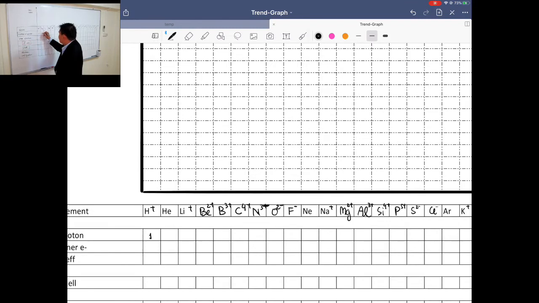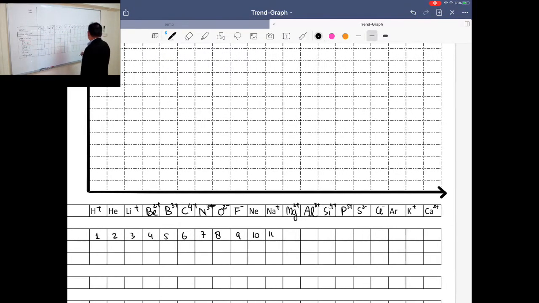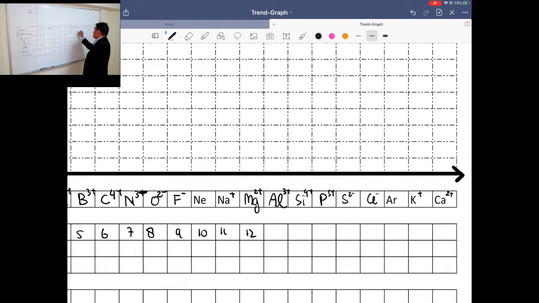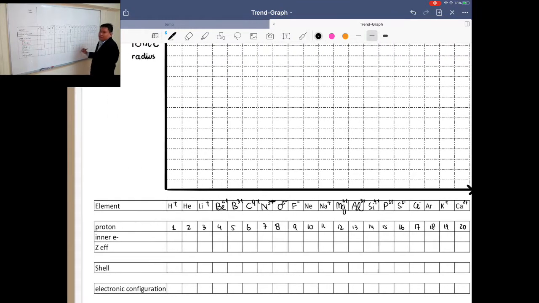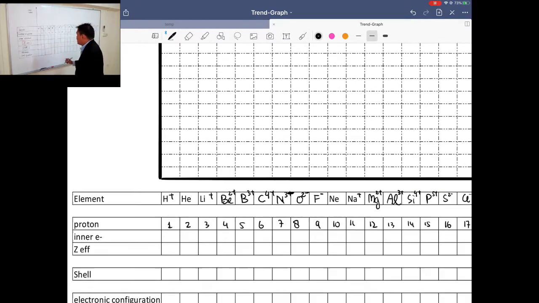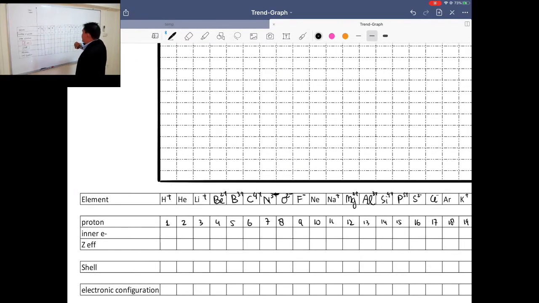So it's start from 1, 2, 3, 4, 5, 6, 7, 8, 9, 10, 11, 12, 13, 14, 15, 16, 17, 18, 19, 20. So the ions that we are going to put into the graph is from H+ all the way until Ca2+. So the proton number is from 1 to 20.